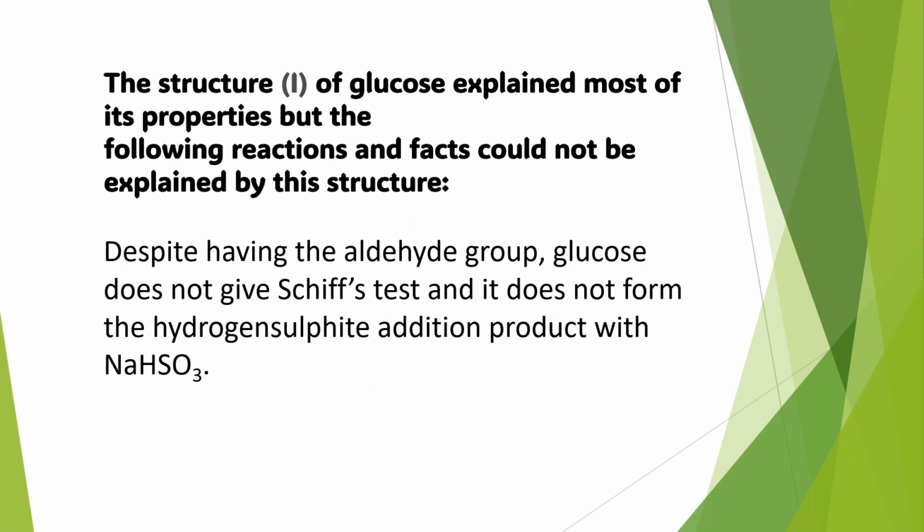First, the aldehyde group is present in the glucose molecule in the Fischer projection, like the CHO, 1, 2, 3, 4, 5, and this is a CH2OH. But despite having the aldehyde group, glucose does not give Schiff's test and it does not form the hydrogen sulfite addition product with NaHSO3.